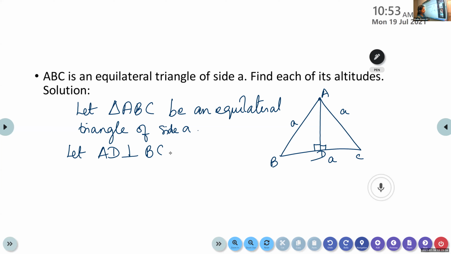Rifa, listen. In an equilateral triangle, altitude will be same as the side of the triangle? That is in a right angle triangle. In a right angle triangle only, altitude will be same as a side of the triangle. In an equilateral triangle it will be inside.